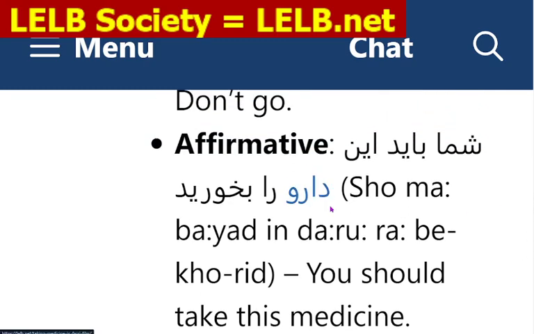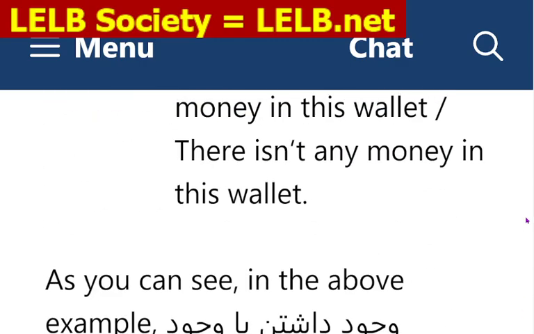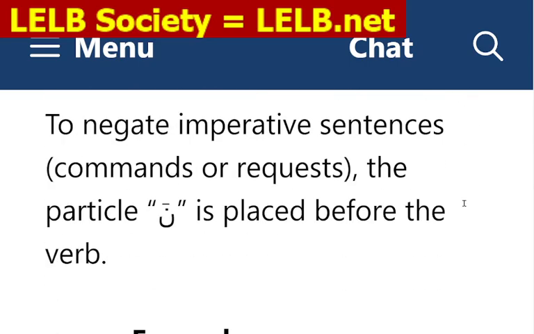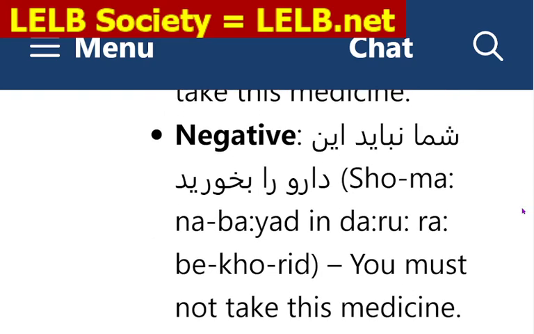And also there is another lesson about دارو, and also in the previous example about پول, or money. And the negative form is شما نباید این دارو را بخورید. Don't say شما باید این دارو را نخورید. This is not common. This is a common mistake in Farsi or Persian.